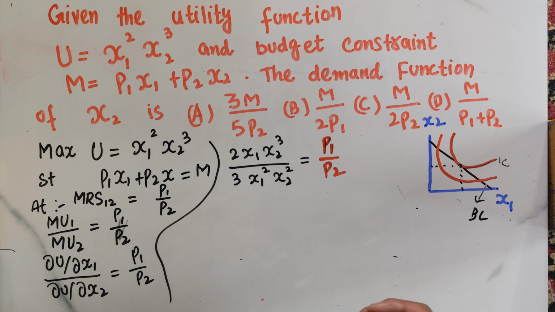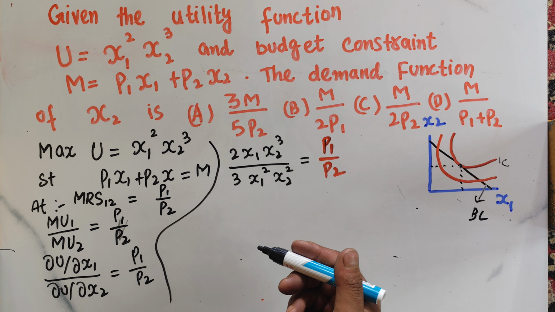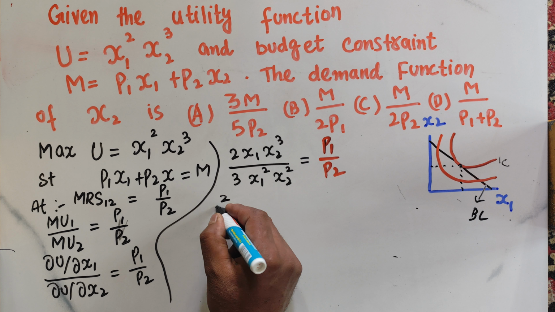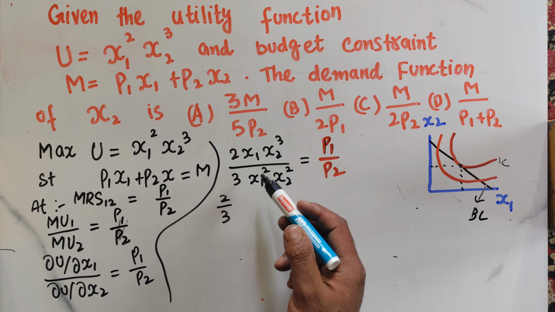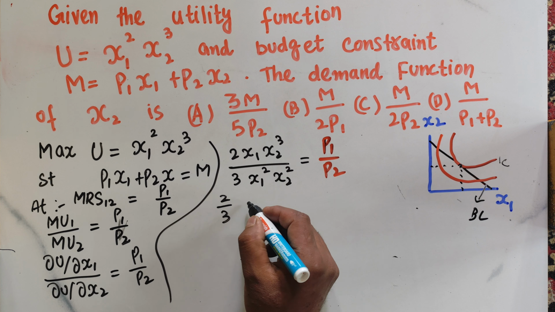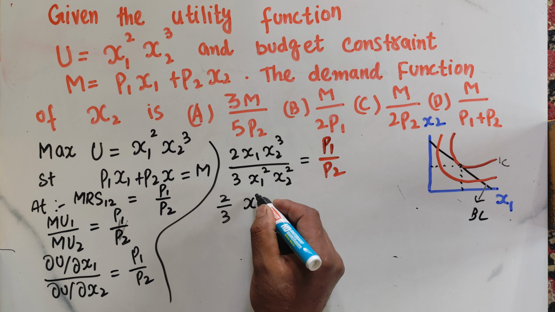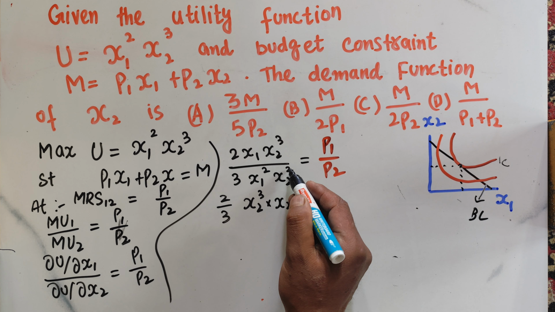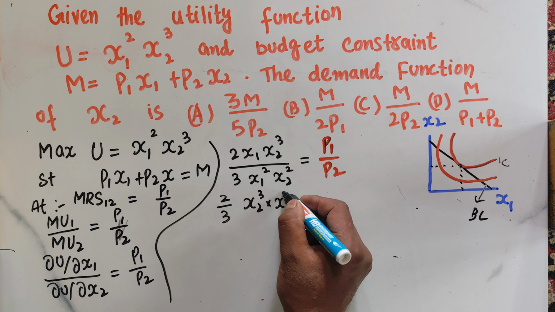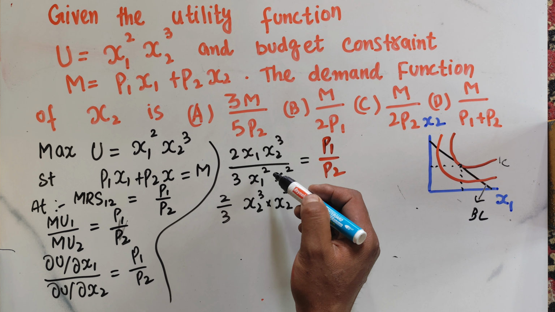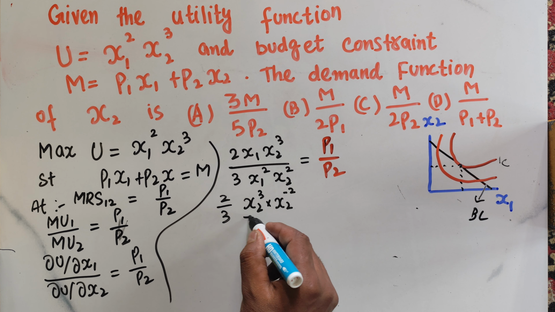Let us simplify it. So we have 2 upon 3. Let us transpose this x1 here and this x2 there. So we get x2 cube times x2 to the power negative 2. If I transpose from numerator to denominator or vice versa, the exponent sign changes.